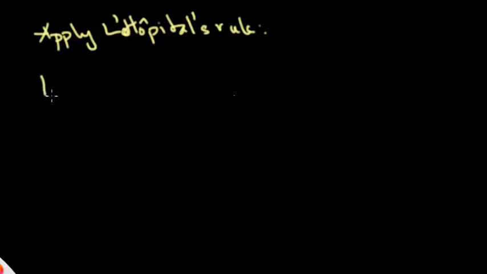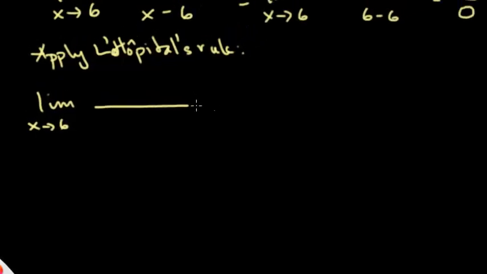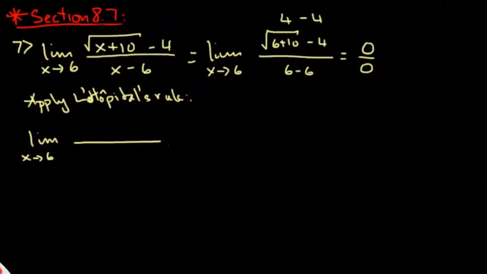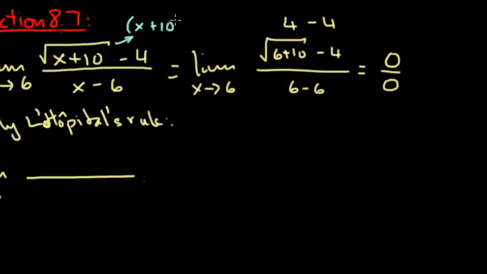So I take the derivative on the top and the derivative at the bottom. The top is x plus 10 raised to the 1/2. When we take the derivative, you will have 1/2 times x plus 10 raised to the negative 1/2, and the derivative of 4 is 0.